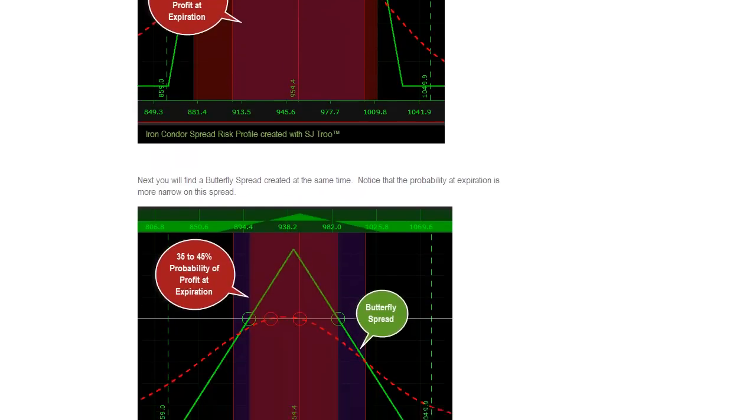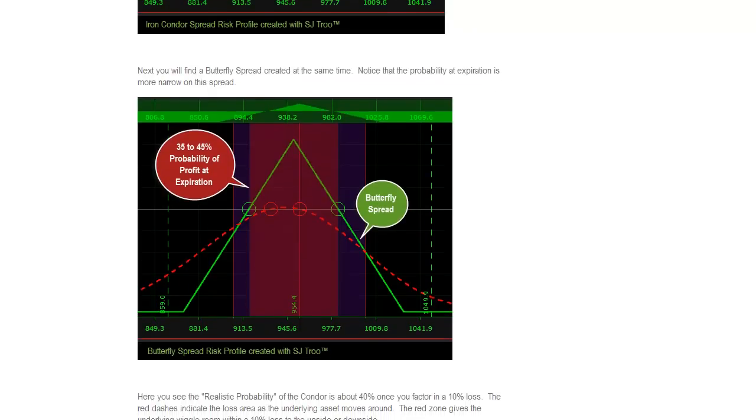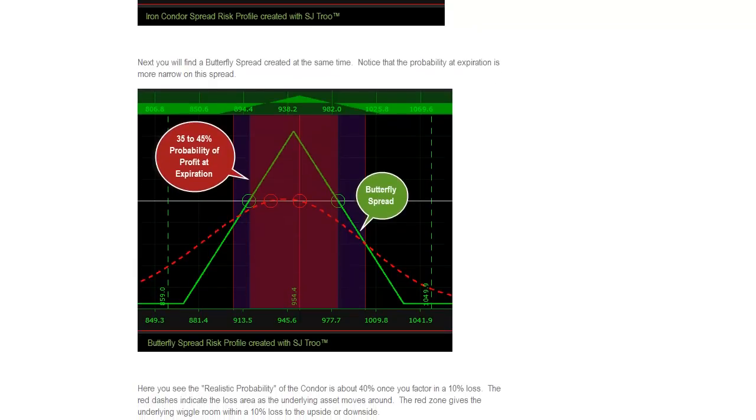Next, we're going to compare this butterfly, which is considered to have a much lower probability. If you build this trade, I used the Russell in this case, so I'm really comparing the same exact underlying asset.